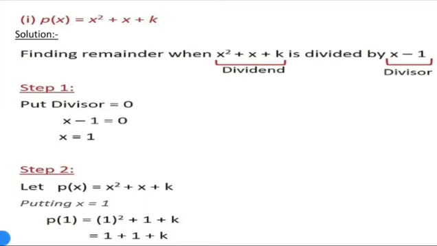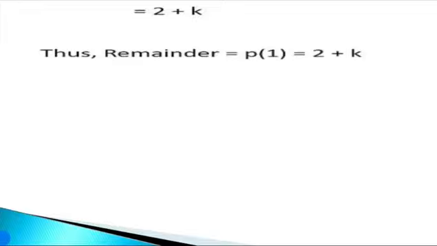We get p of 1 equals 1 square plus 1 plus k. So here 1 square is 1, so 1 plus 1 plus k. In the next step we get 2 plus k. So here p of 1 is 2 plus k, which means the remainder is 2 plus k.